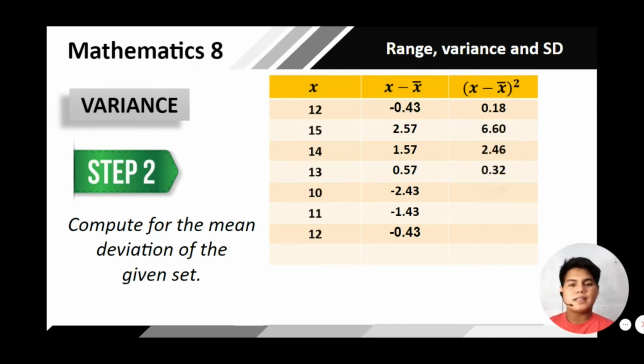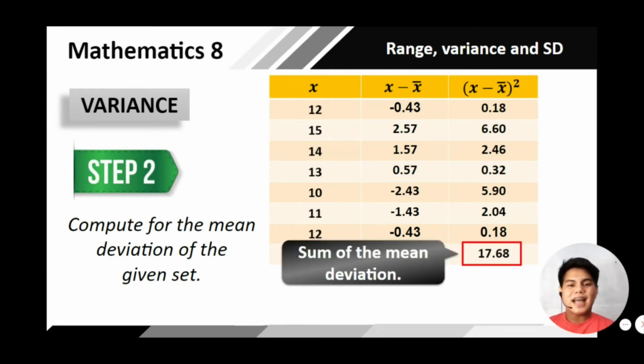Continue this process until you reach the end. Our last step in finding the mean deviation is to sum up all the values in the third column. Just add all the values and we will get the sum of the mean deviation. Remember the sum of the mean deviation, which is 17.68, because we will use this one later.